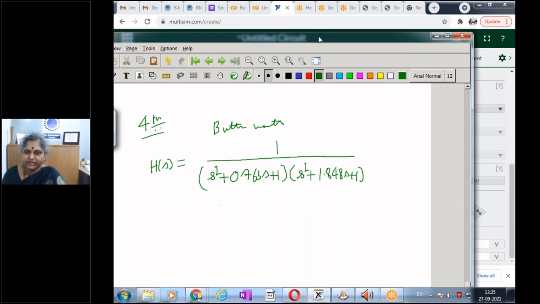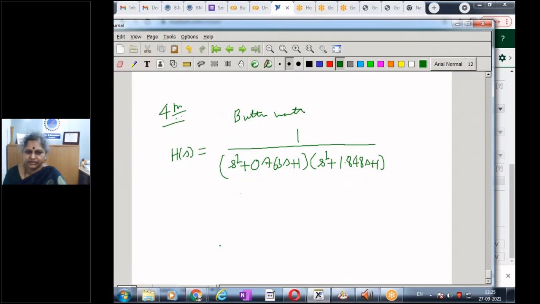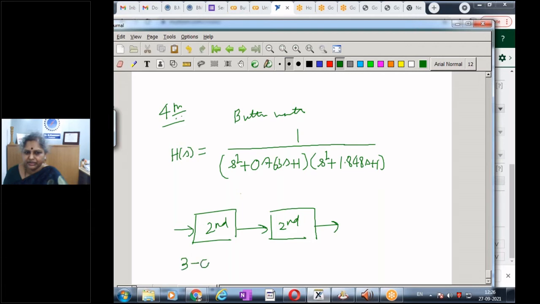So to implement it, all that I have to do is one second order system and another second order system. And what is the gain of one stage? Gain of this stage is 3 minus 0.765.